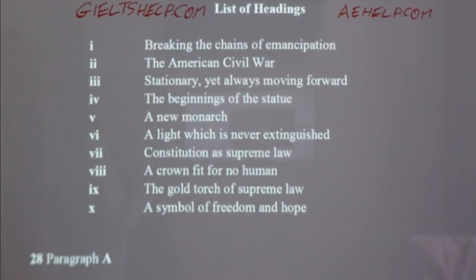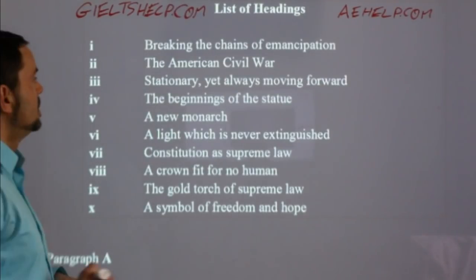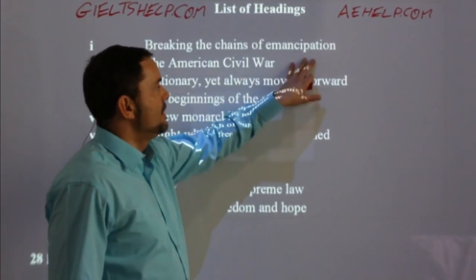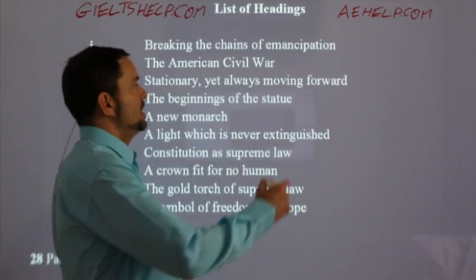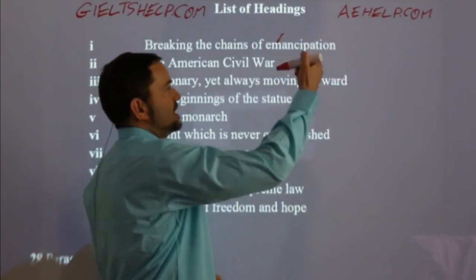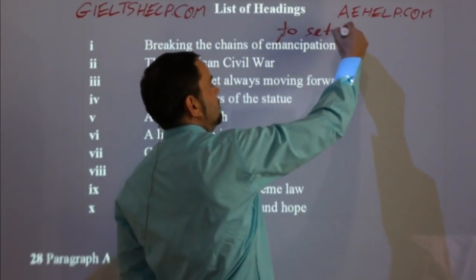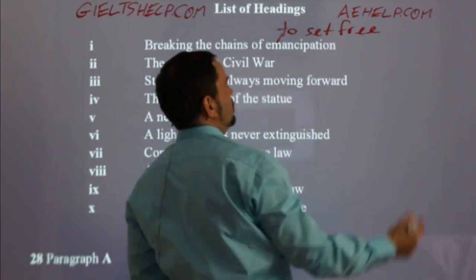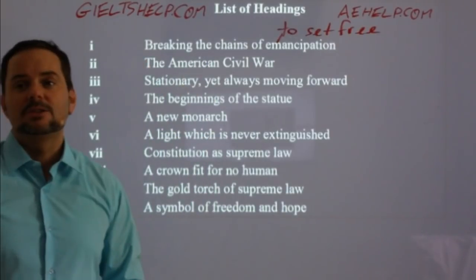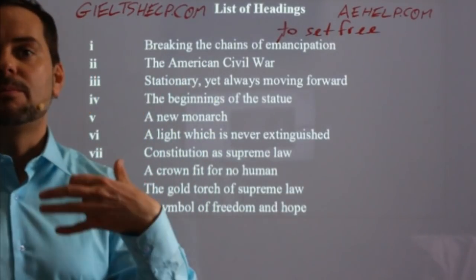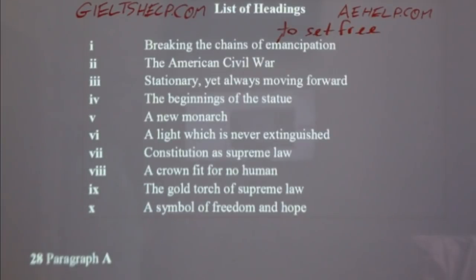So Pachu says, read them, paraphrase them, right? So breaking the chains of emancipation. Emancipation means the process of setting free. So to set free, if that's a new word for you. Emancipate, emancipation, to set free, or the process, the system of setting free. Okay.